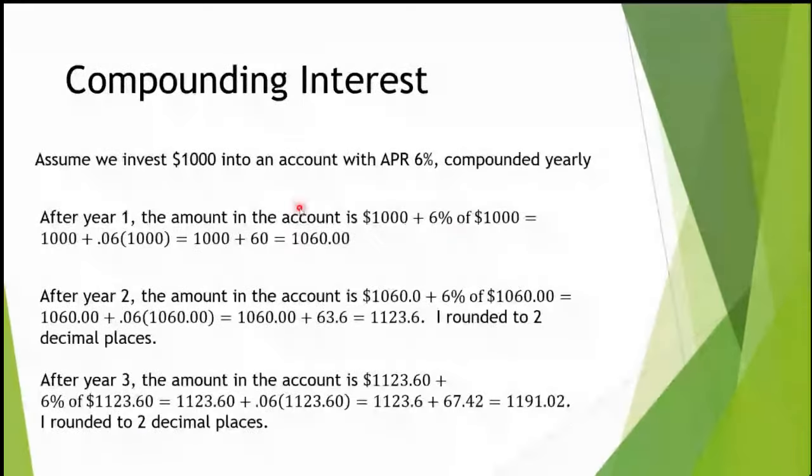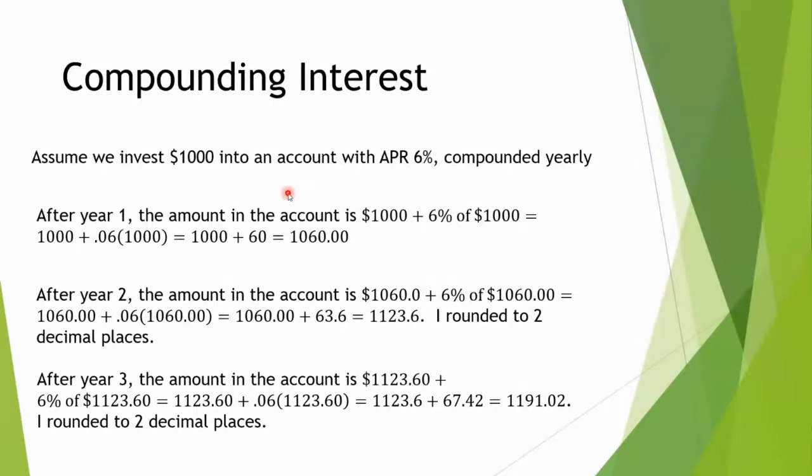So let's suppose we have $1,000 in an account and the APR is 6%, and we're going to compound it yearly. All that means is we're going to calculate the interest each year. So for year one, the amount in our account is the principal, which is $1,000, plus 6% of it.